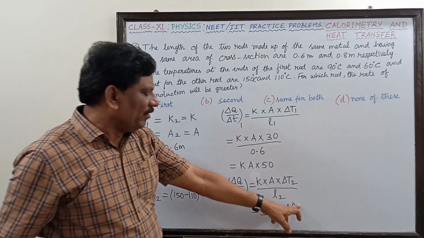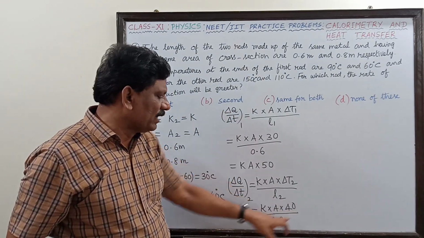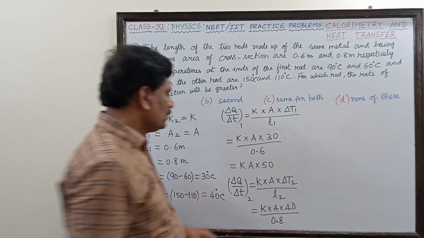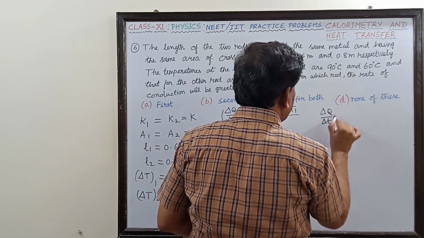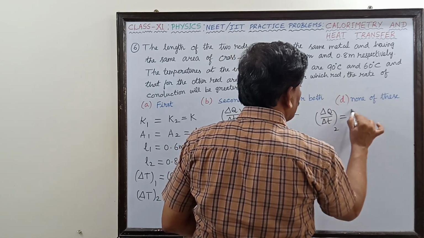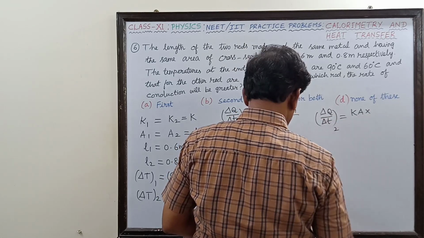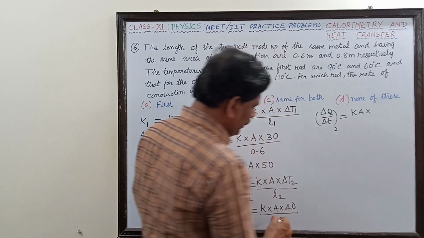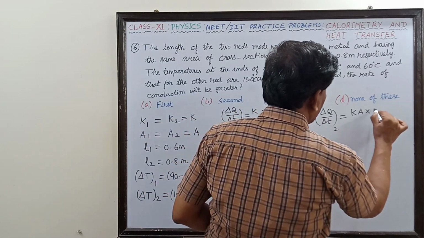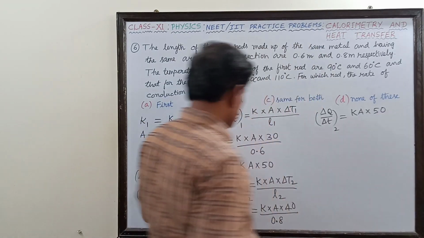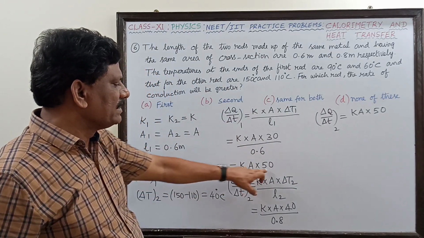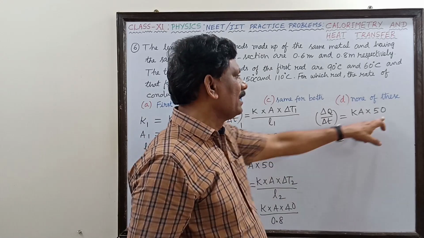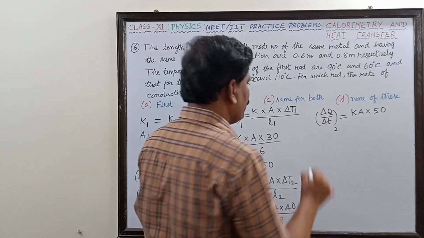Now this 40 by 0.8 can be written as 400 divided by 8. So delta Q divided by delta t for the second rod is equal to K into A into 400 divided by 8, which is equal to 50. So you can see here the rate of flow for the first rod is KA into 15, and for the second rod it is KA into 50.